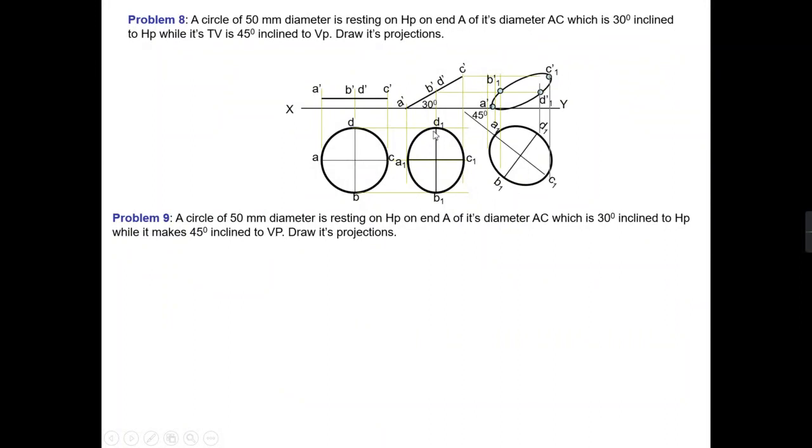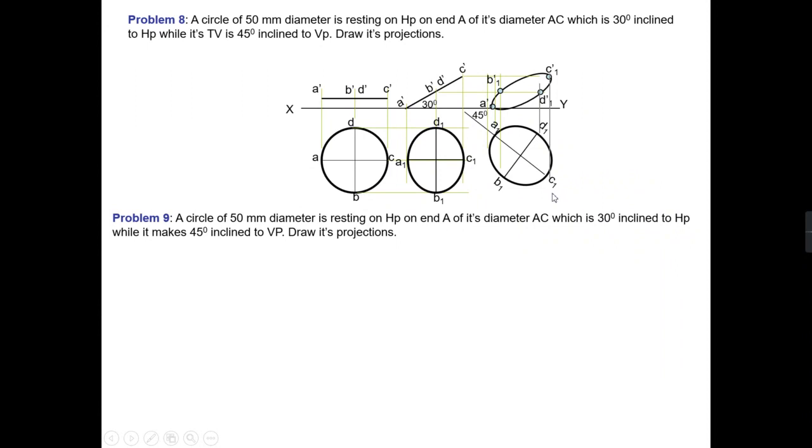Okay, so as we can see in the previous problem, your diagonal AC is reduced in size, which means it is inclined at 30 degrees with the horizontal plane, so that we are getting a reduced length in the top view, and we are marking the diagonal AC at 45 degrees.